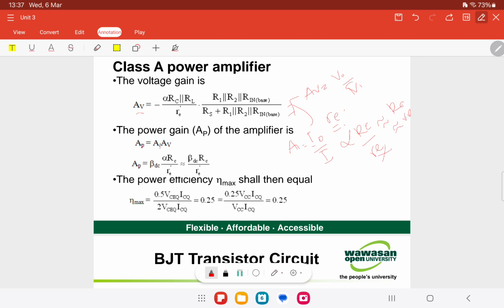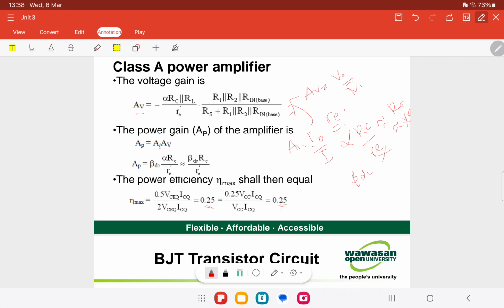But then we don't have this RE value, so we use the value for beta DC. And for the power efficiency, we can have these expressions for the class A power amplifier. Remember, this one is a fixed value. This is also the maximum power efficiency of the class A amplifier, since P out is at maximum value.